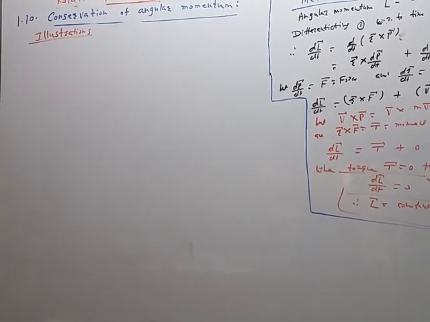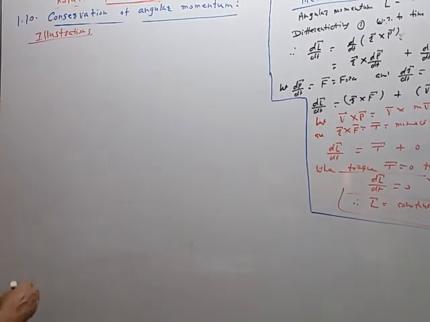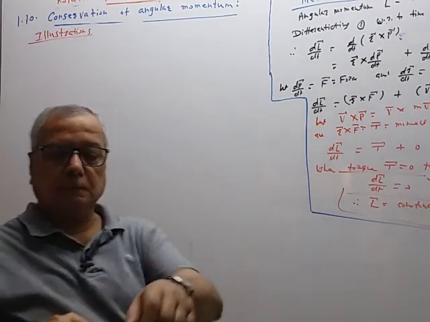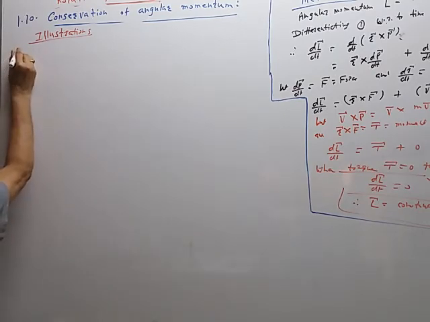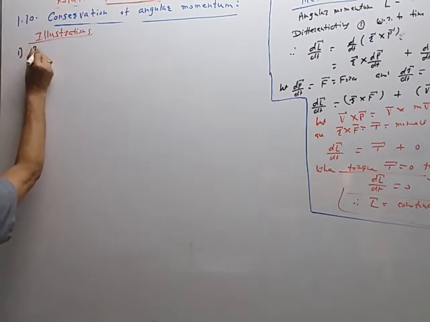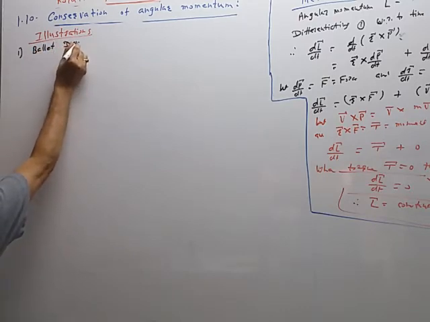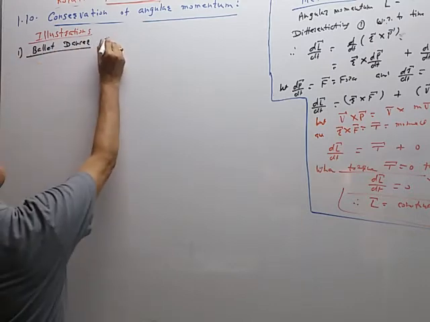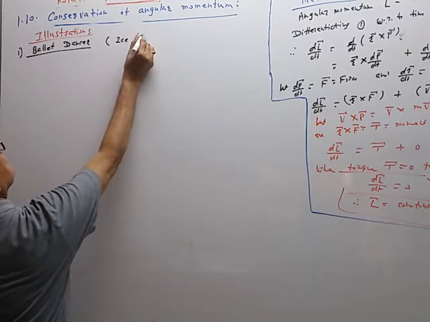So let us see the illustration of this law of conservation of angular momentum. The first example that we are going to consider is the ice ballet dancer.